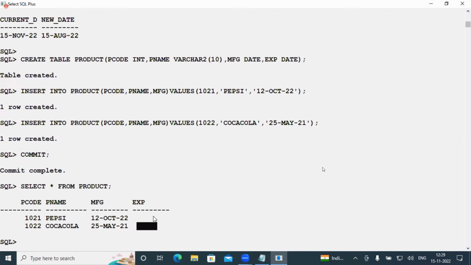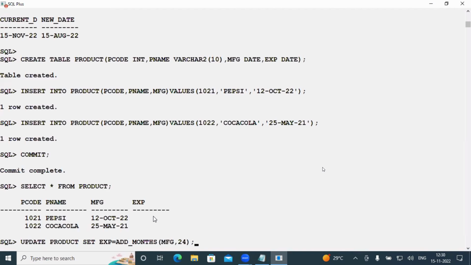How do I give the expired date? I write update. Update product set, carefully observe, product set expired is equal to ADD_MONTHS of your manufacturing date, adding 24 months.